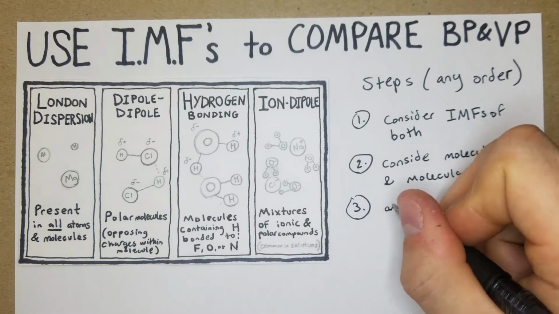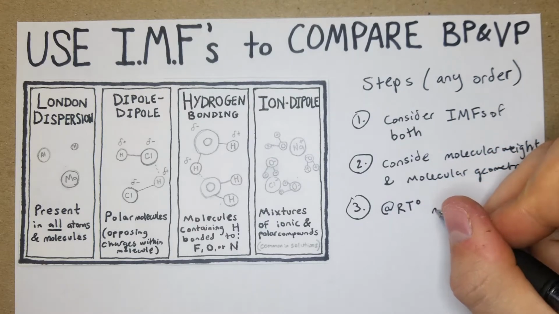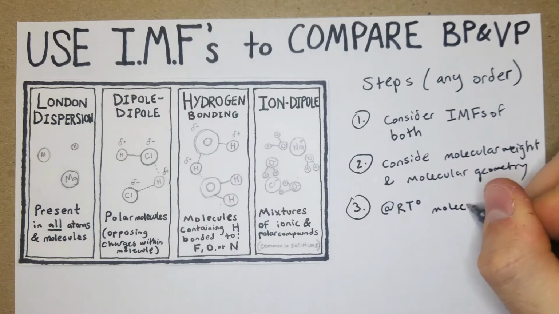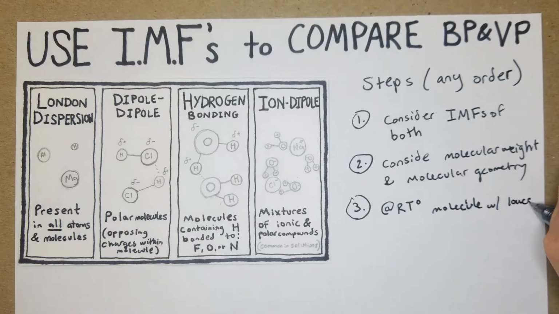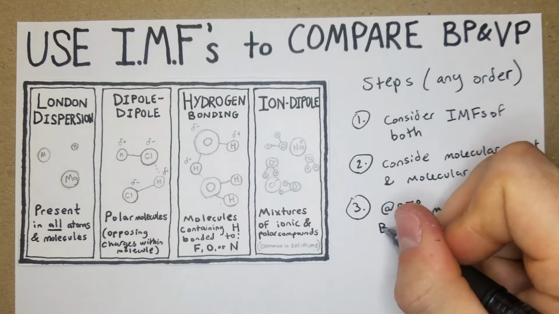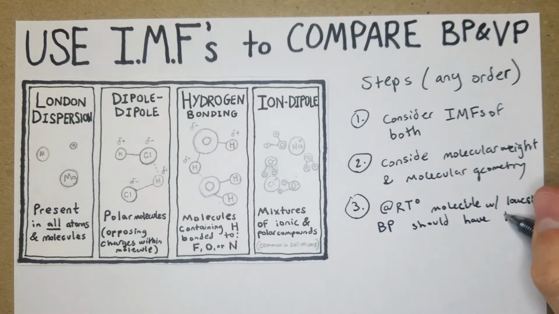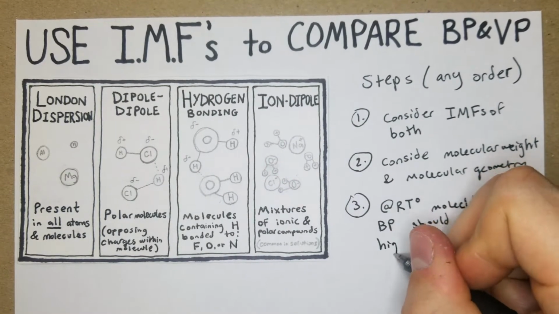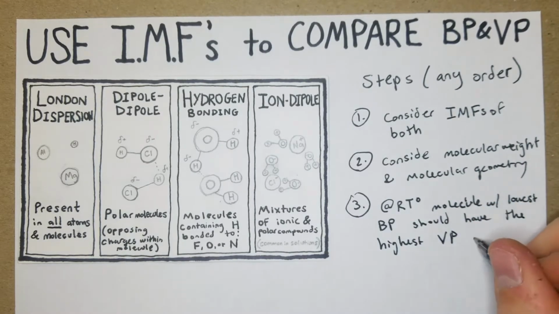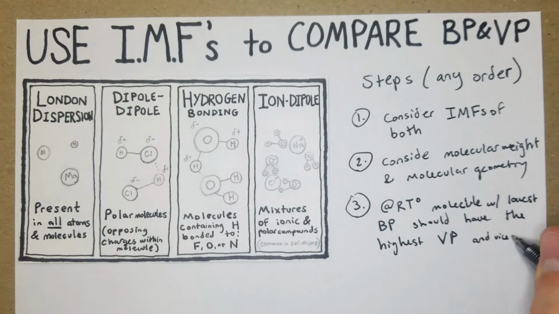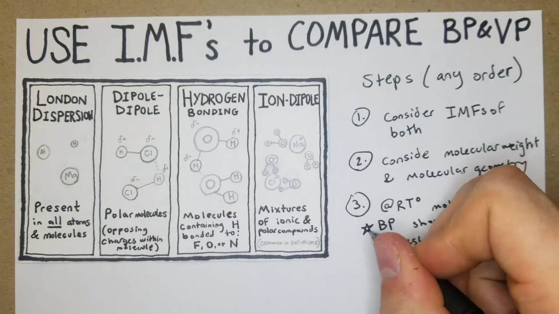And then finally, at room temperature, the molecule with the lowest boiling point should have the highest vaporization point, and vice versa. So that's, I think, a pretty important one to keep in mind.